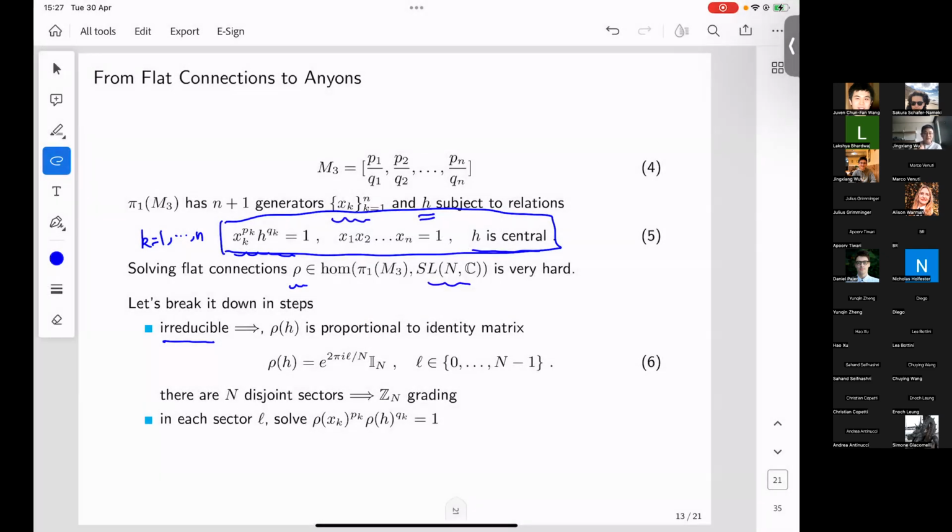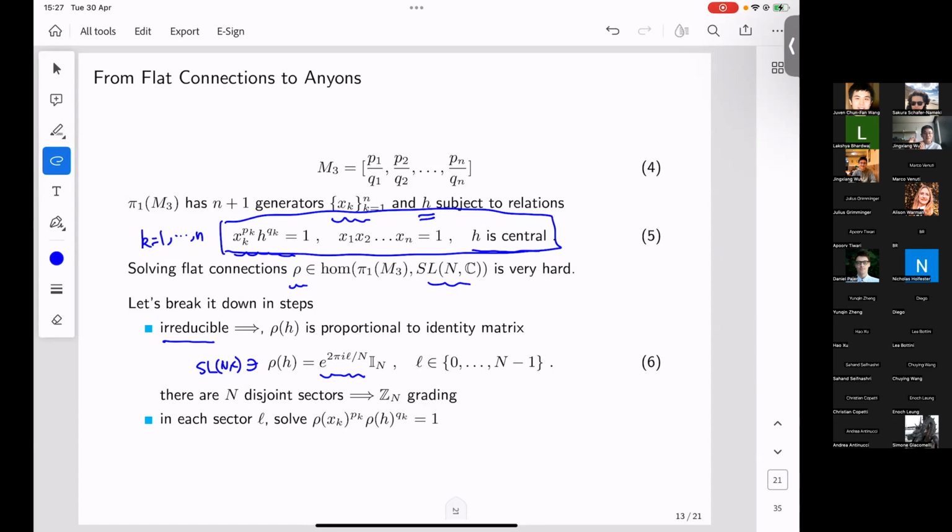Together with the fact that H is central, you can easily see that the image of H has to be proportional to the identity matrix. We also need rho of H to be in SLNC, so it has determinant 1. That means the coefficient has to be a root of unity, and there are n choices for SLN. For each choice of H, we can solve for the X_i's.